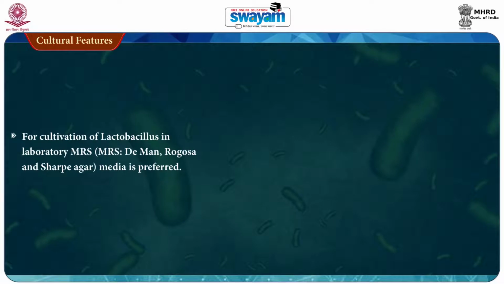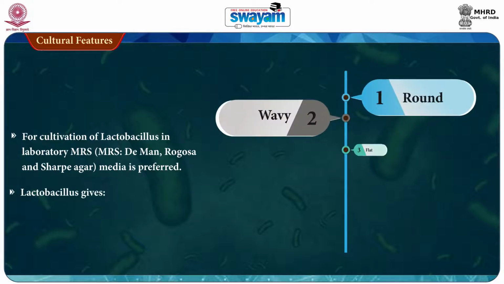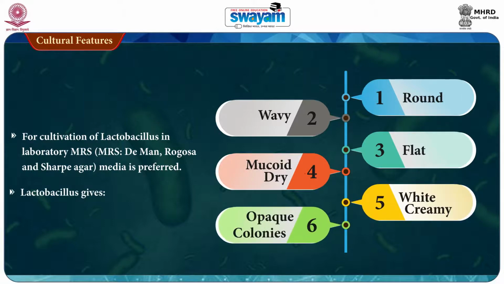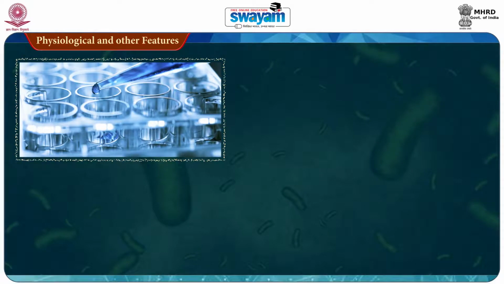The third characteristic is cultural features. For cultivation of Lactobacillus in the laboratory, MRS media is generally preferred. Here, Lactobacillus gives round, wavy, flat, mucoid, dry, white creamy colored colonies. The next criteria are physiological and other miscellaneous features.